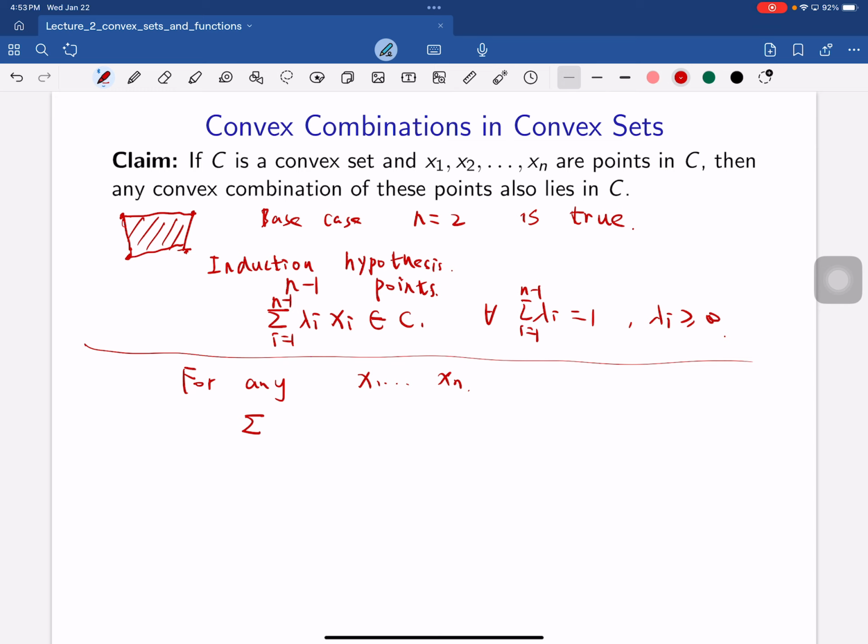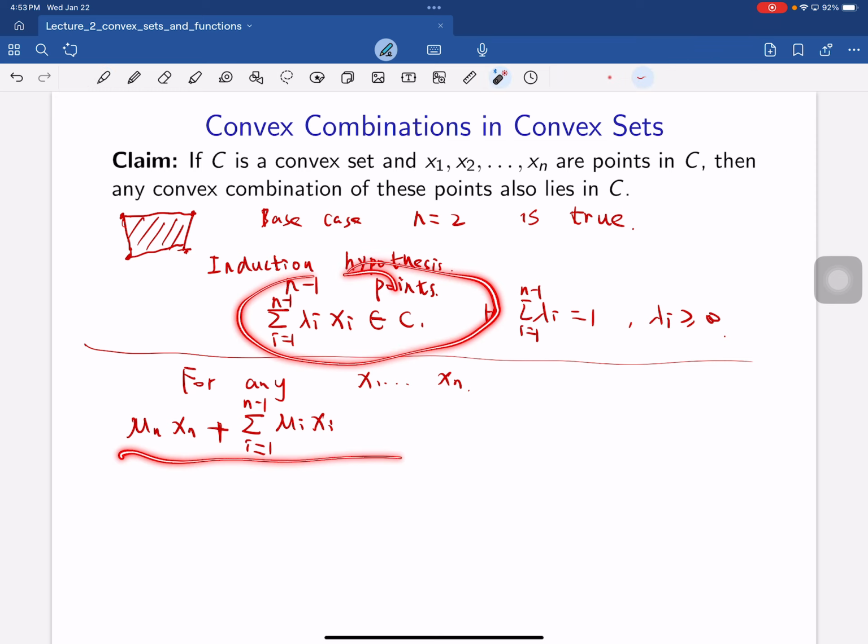Let's use a new letter, maybe let's say mu_i x_i. I will write it out as the sum from 1 to n minus 1 plus, let's say, mu_n x_n. Okay, so how do we use this fact to prove this part, right?